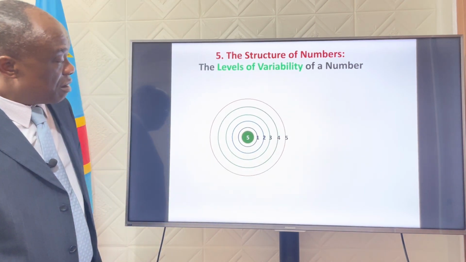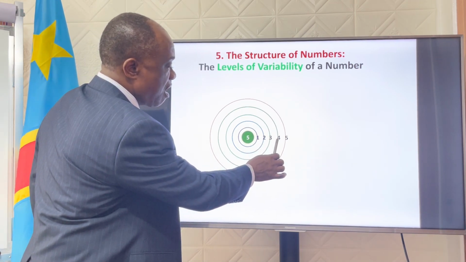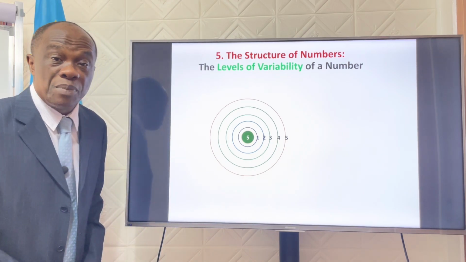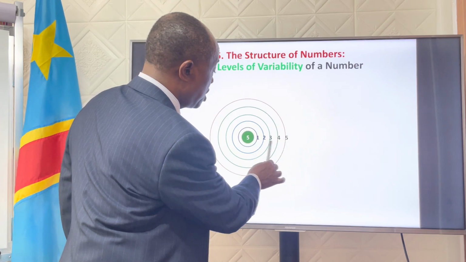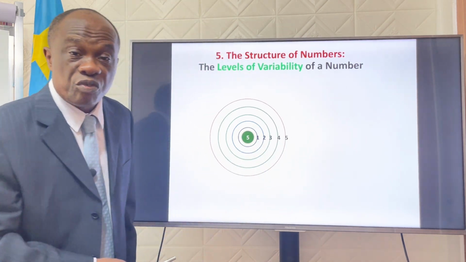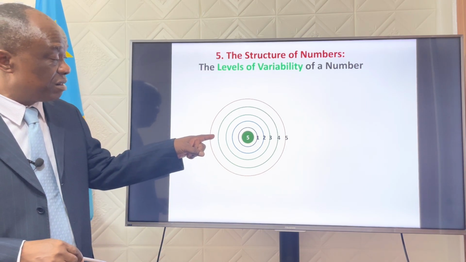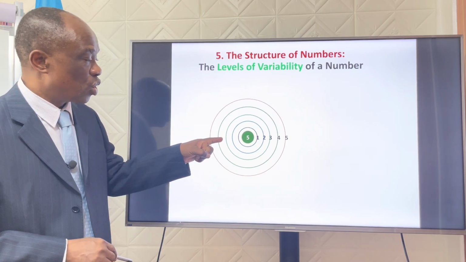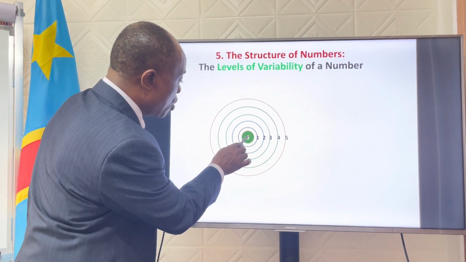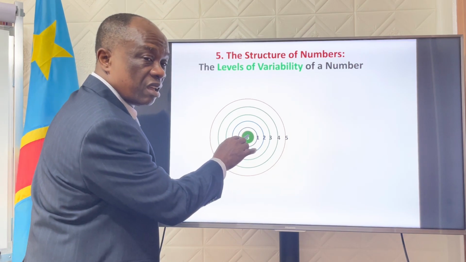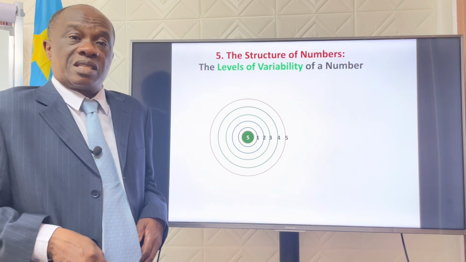But now, these are called the levels of variability. These are the levels of variability of number 5. If you want to know the number of levels of variability, you have to add 1, because initially 5 has its own place.